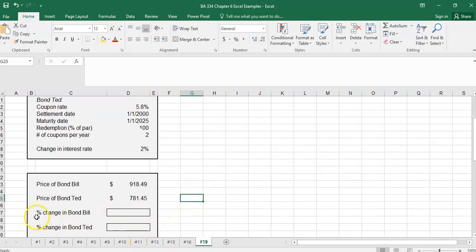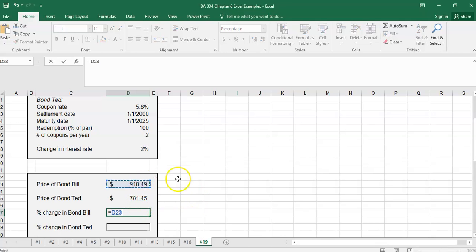So then we're going to look at what is the percentage change. For a $1,000 par value, we're going to take the price minus the original par, which is 1,000, and we want that shown as a percentage.